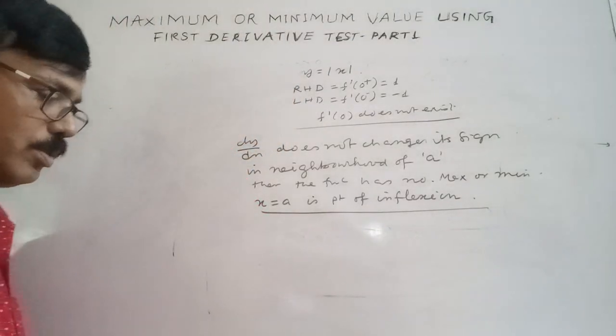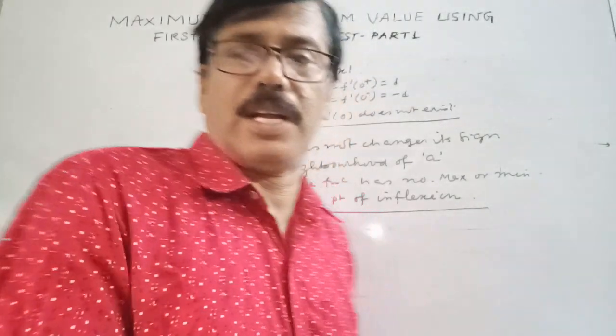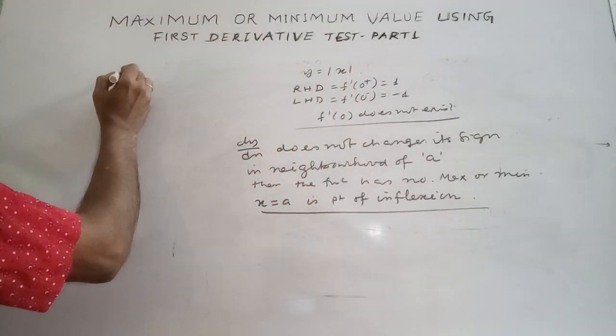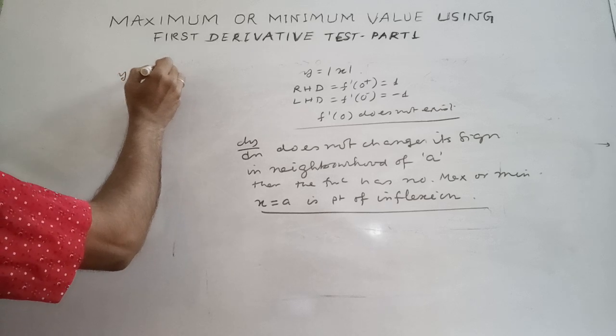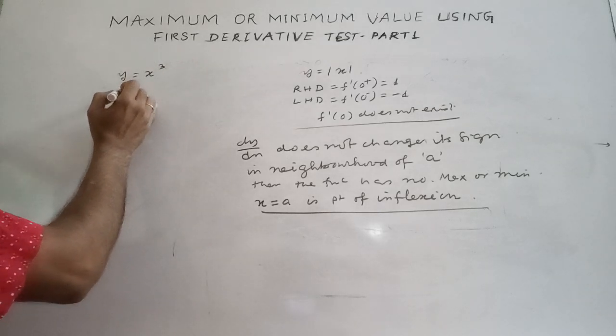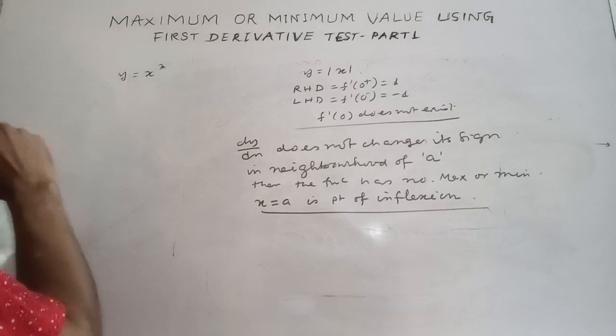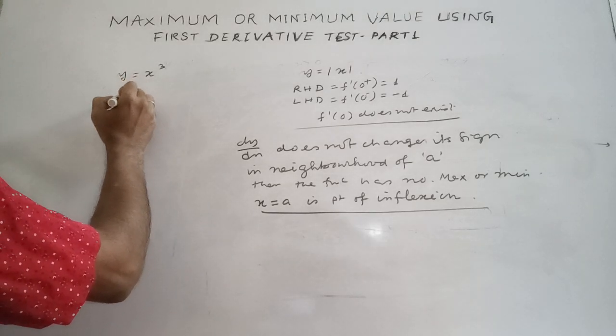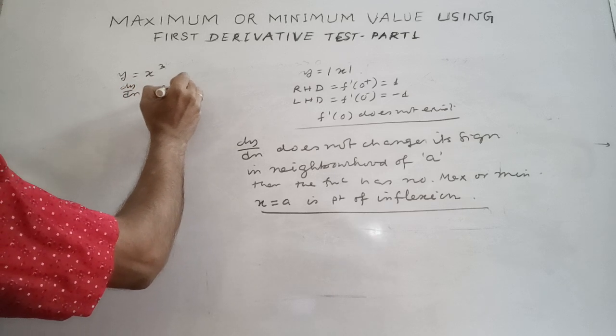So let us consider an example. So y equals to x cube. Now look, dy by dx equals to 3x square.